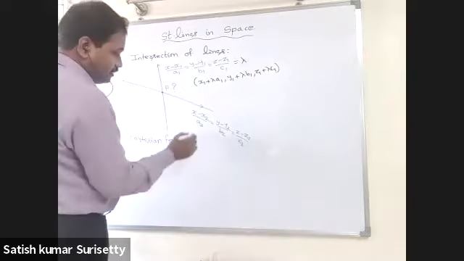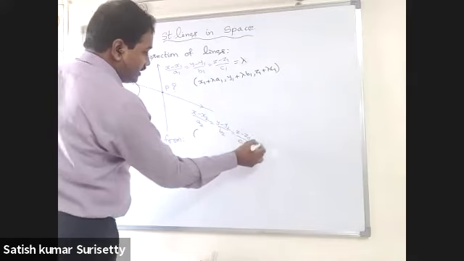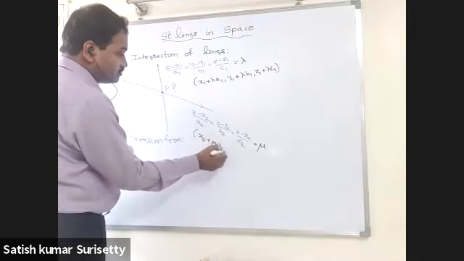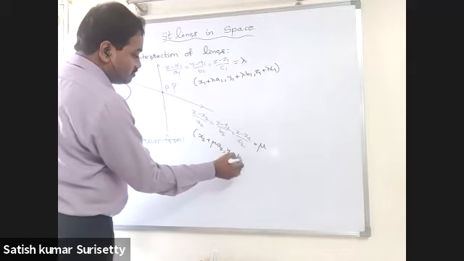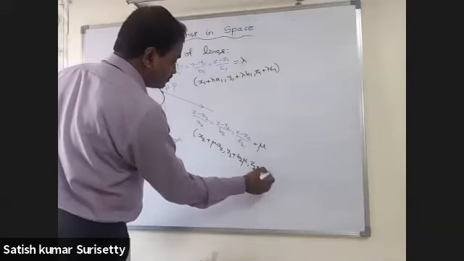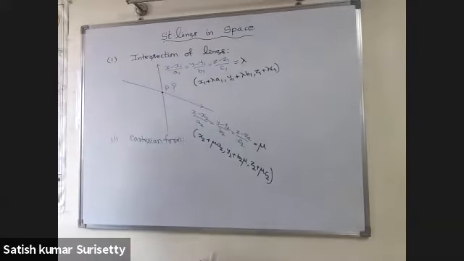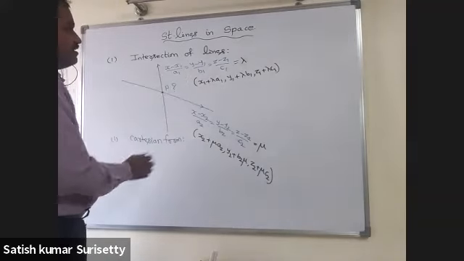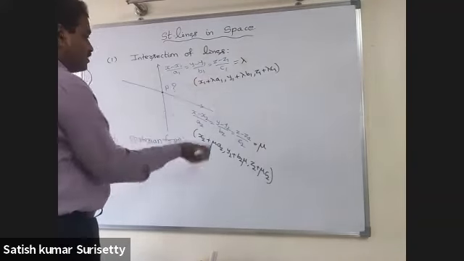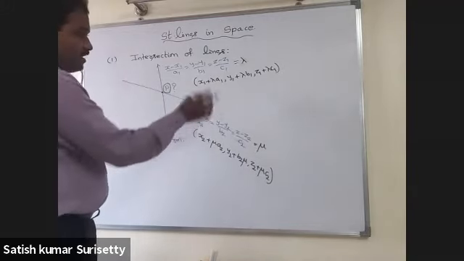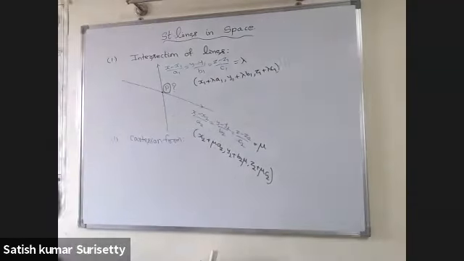Any point on line 2, take as mu: x2 plus mu a2, y2 plus mu b2, z2 plus mu c2. Because we need to calculate the point of intersection, if I consider both the points as P, equate the corresponding x coordinates, y coordinates and z coordinates.